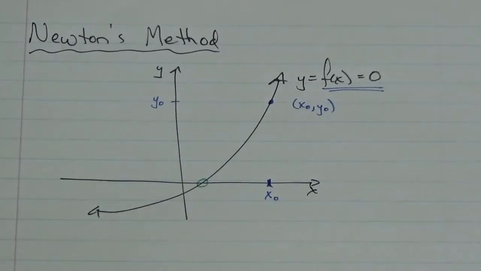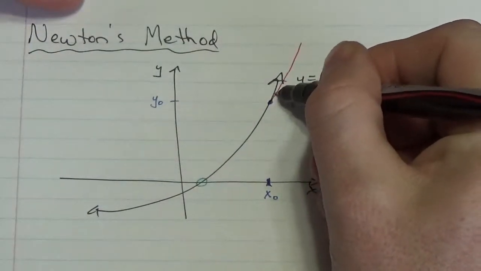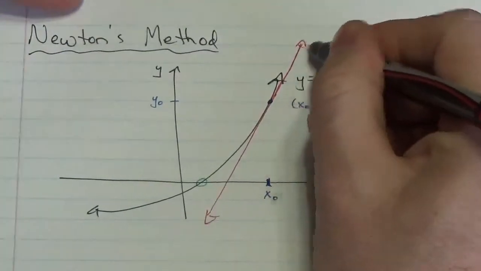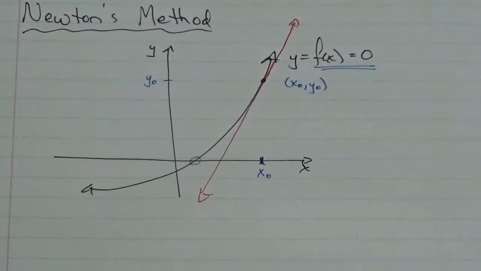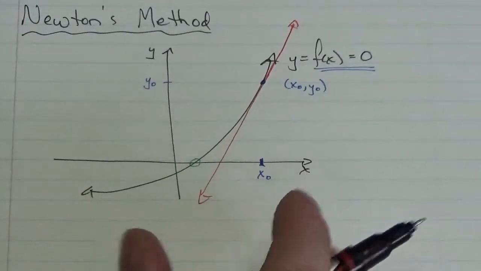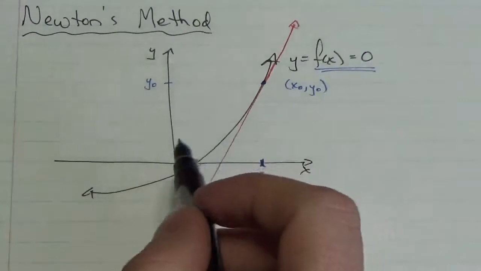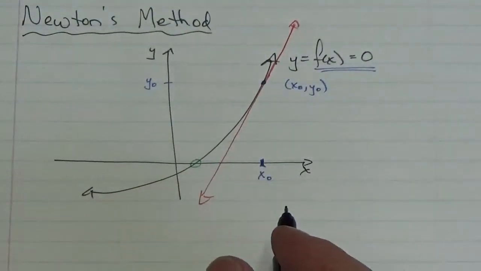So what we're going to do is draw a tangent line to that graph right there. That's going to come down, it's going to look like this. There's my tangent line. Now, I'm going to use the calculus I know up to this point to come up with the equation of this particular line. I know that the slope of that red line is going to be equal to the derivative of f of x evaluated at x naught.